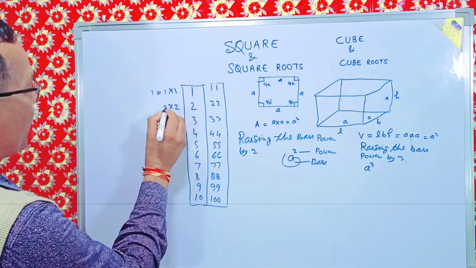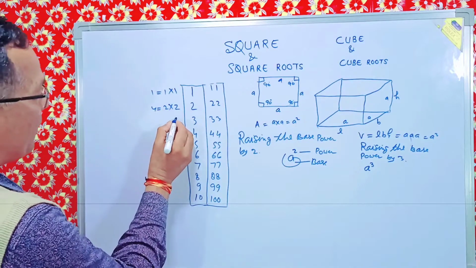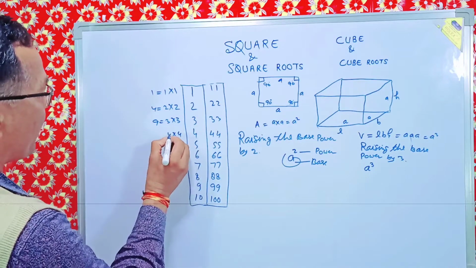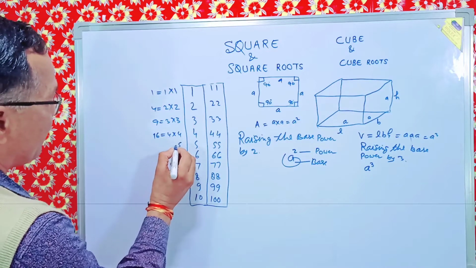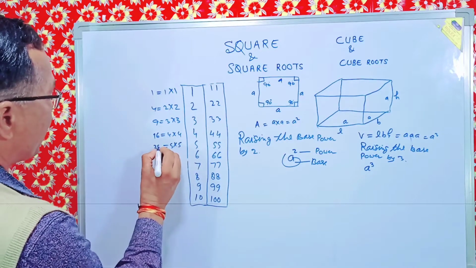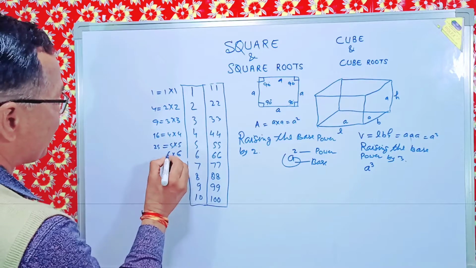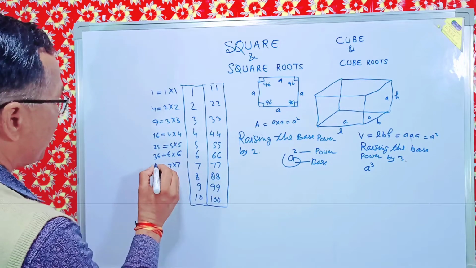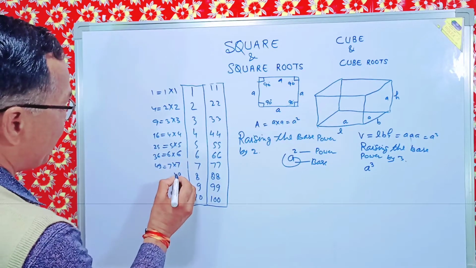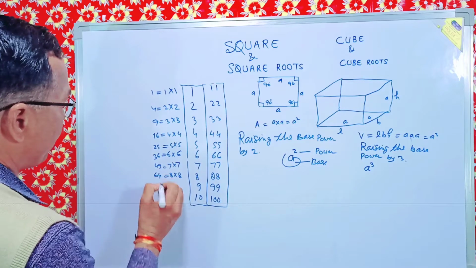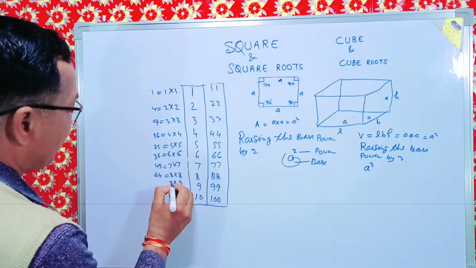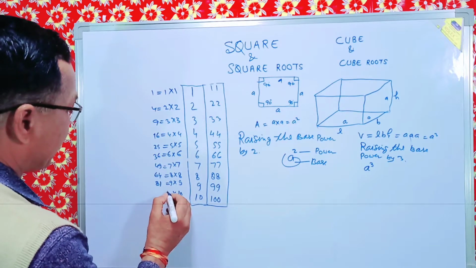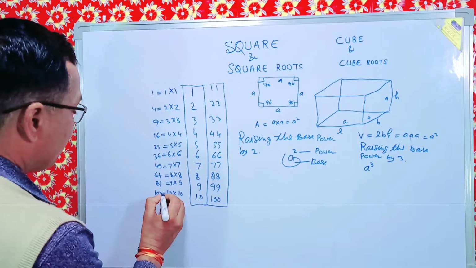If I multiply 2 by 2, we are getting 4. 3 by 3, we are getting 9. 4 by 4, 16. 5 by 5, 25. 6 by 6, 36. 7 by 7, 49. 8 by 8, 64. 9 by 9, 81. If I multiply 10 by 10, we are getting 100.